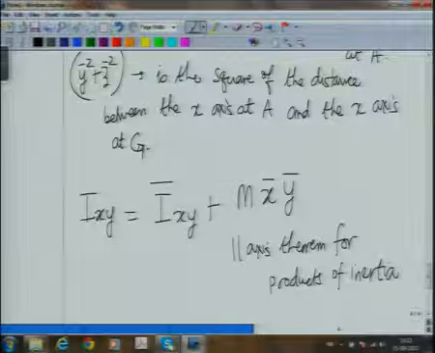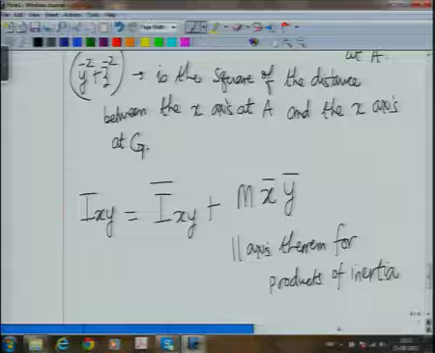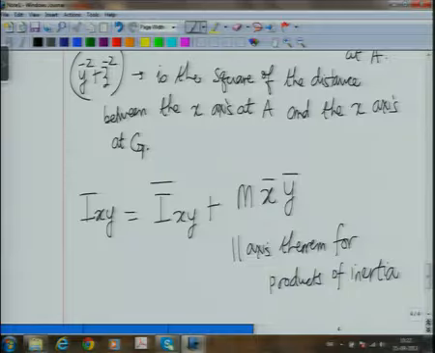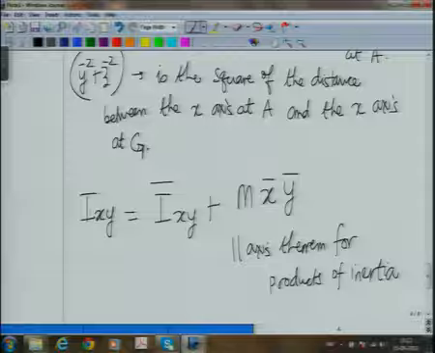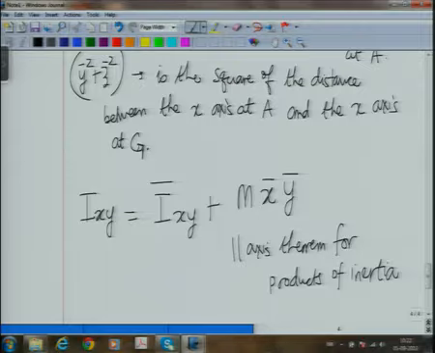I know the moment of inertia at point A, and I want to find out the moment of inertia at B. I can't apply the formula directly from A to B. I have to go from A to G and from G to B. Calculation wise you may do it in one go, but notionally the formula relates only A to G and B to G, and then you eliminate G to get A to B, but you can't use the formula between A and B.